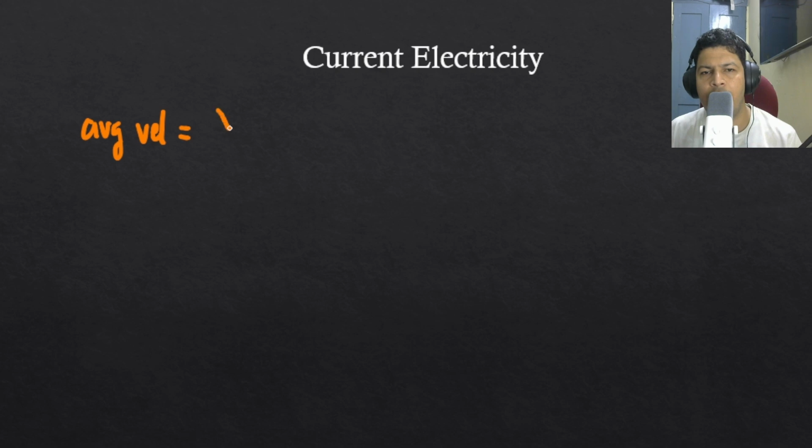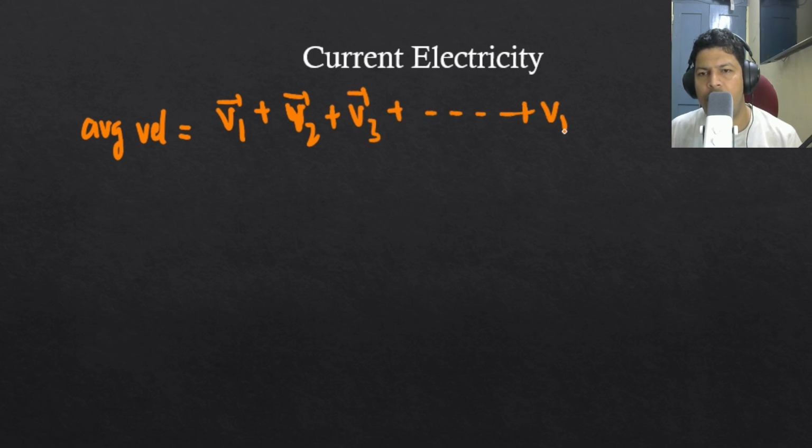Let me first write this: V1, V2, V3, and Vn, divided by n. And now what is V1?